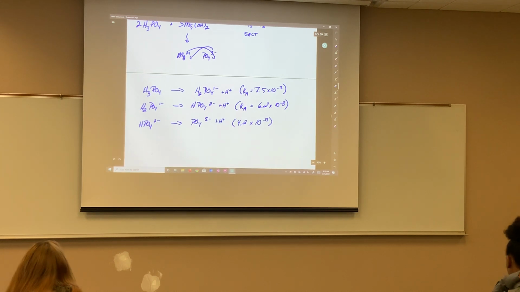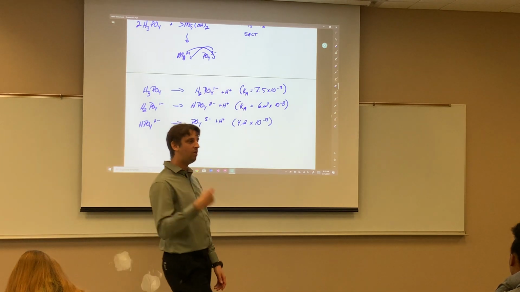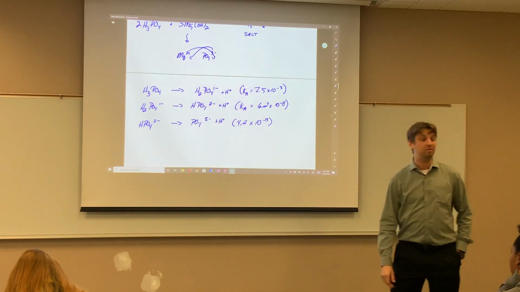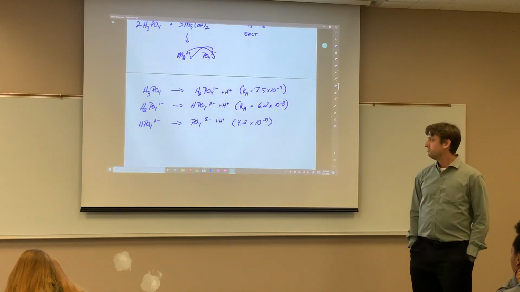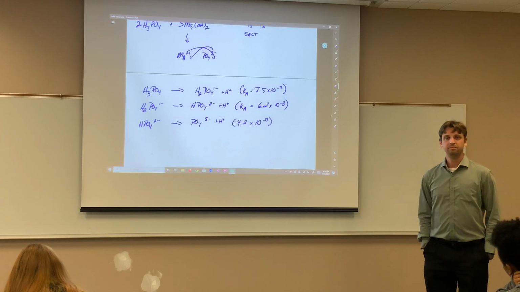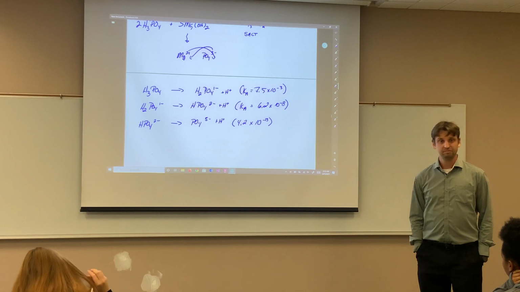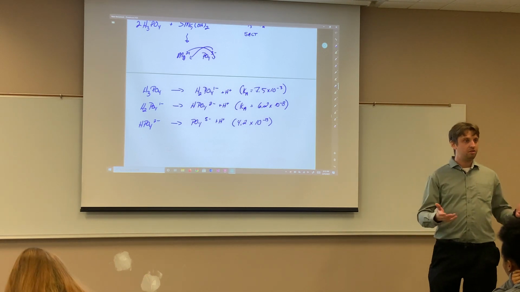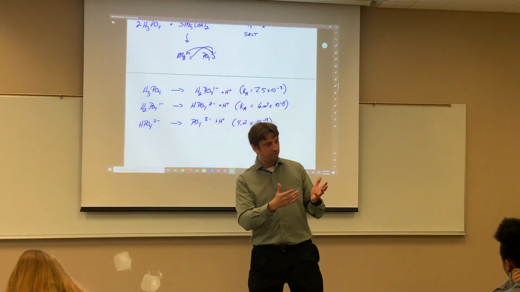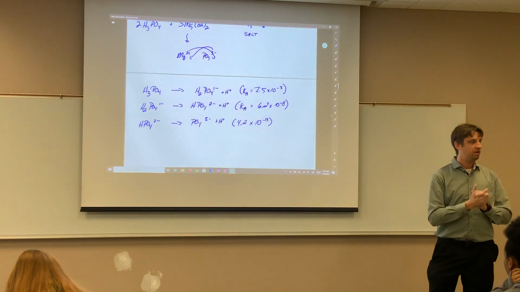Why would it be harder for each of these subsequent dissociations to happen? Yep, because PO4 is getting more of a negative charge, so it just wants to hold on to it. We're trying to separate negatives and positives. The bigger the negative, the harder it is to pull a positive away from it. That's what it comes down to.